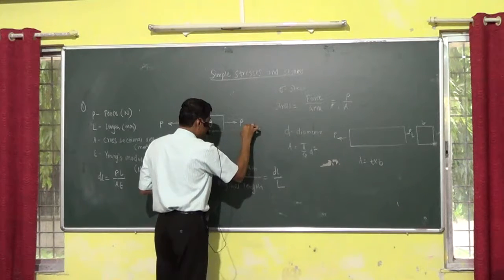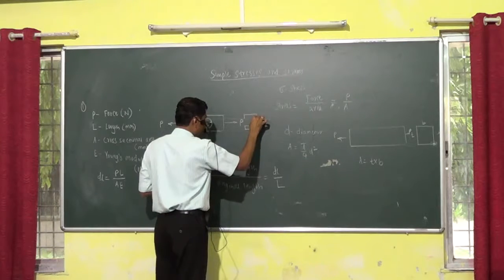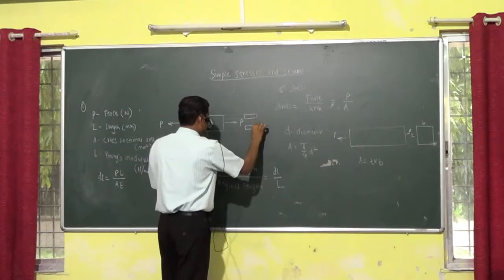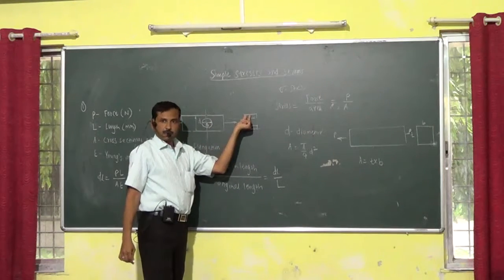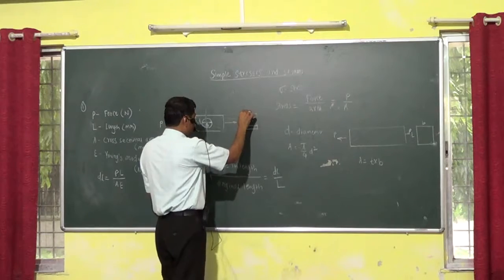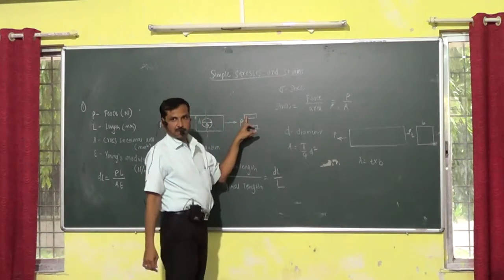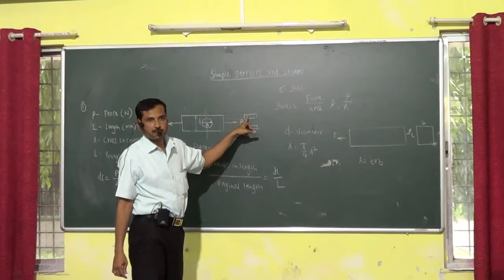So this particular portion will be available after cutting this bar, and then we will have to take into consideration this much area only. So this much area will be considered as area for calculation of stress.